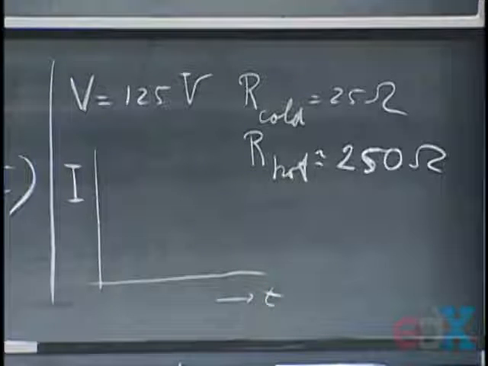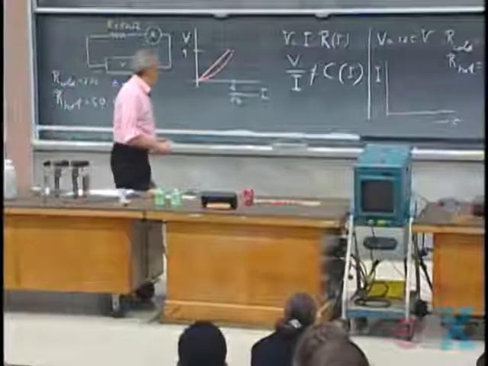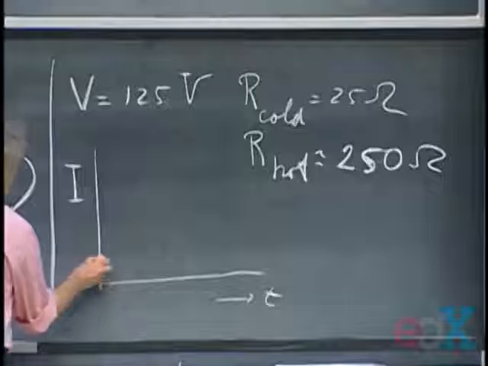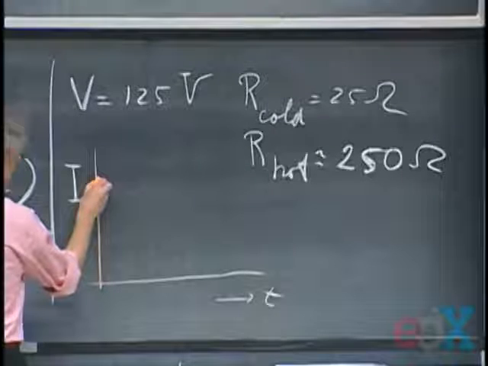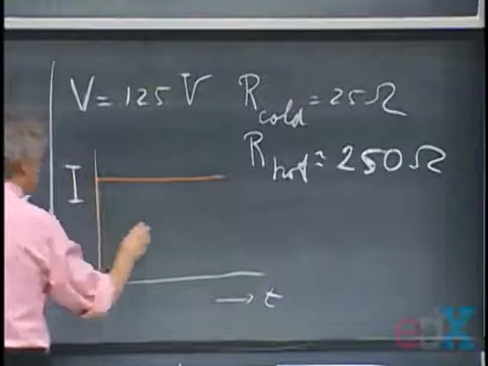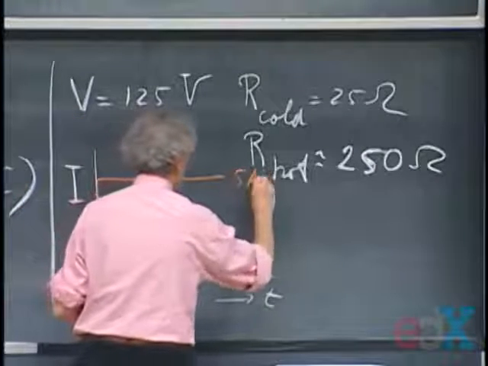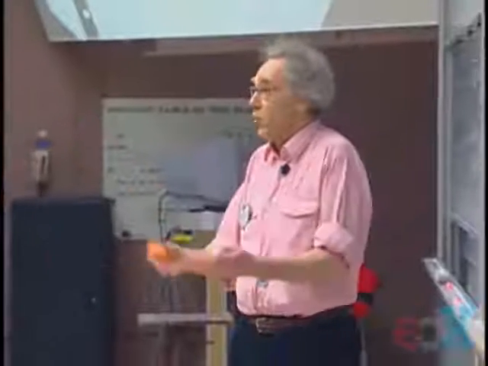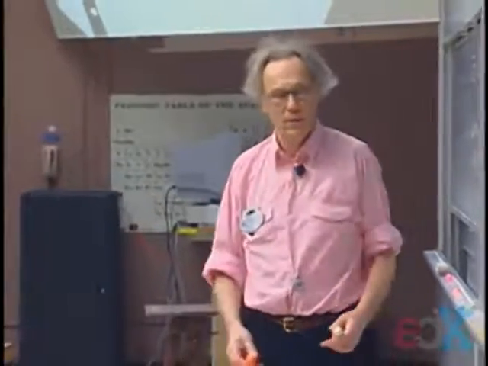When you switch on a light bulb, you would expect, if Ohm's law holds, that when you switch on the voltage, you see this. This is then your 5 amperes. And that it would stay there. That's the whole idea. Namely, that the voltage divided by the current remains a constant.